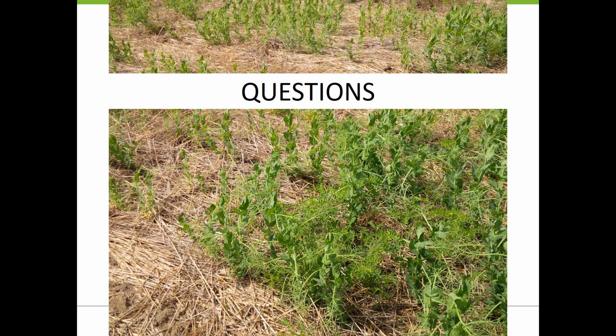So the pea leaf weevil seemed to do better when root rot was present, and root rot also seemed to do better when pea leaf weevil larva was present. We hypothesize there's some sort of compensatory response happening in the peas, so it actually makes the nodules a little juicier for the pea leaf weevil larva, and then a little better for root rot to infect. So I always feel like I'm the bearer of bad news.